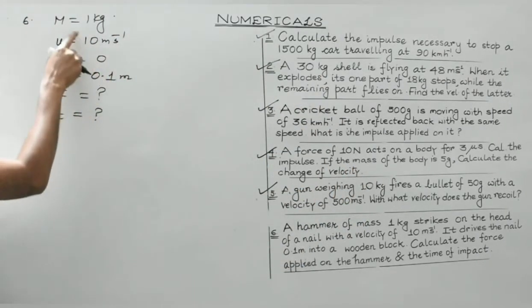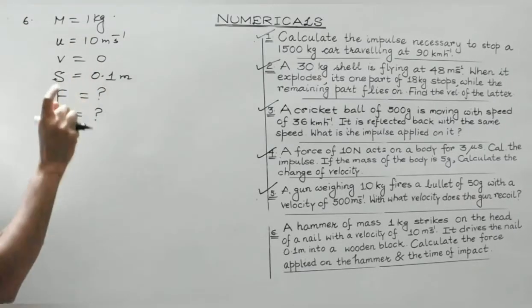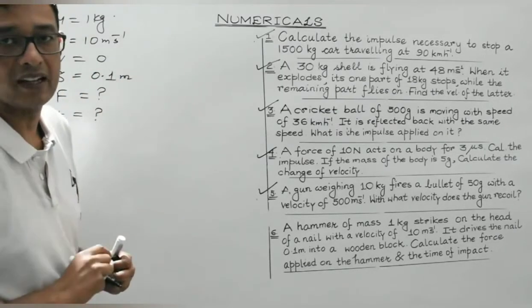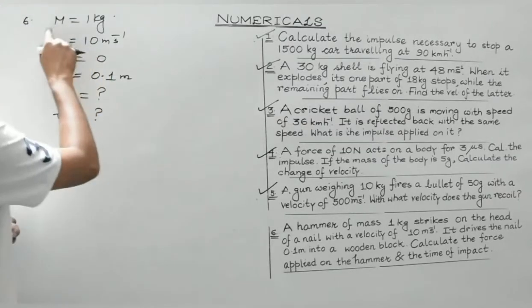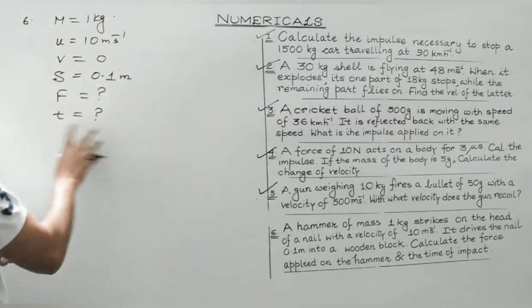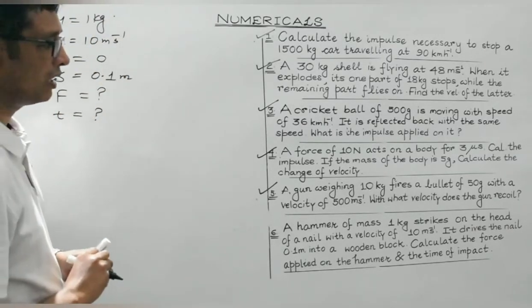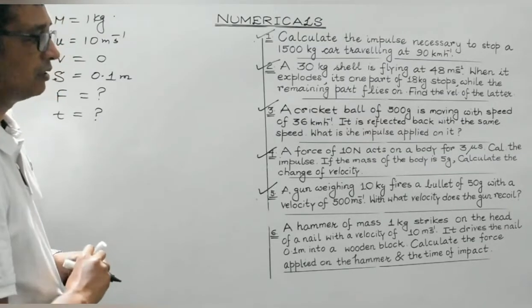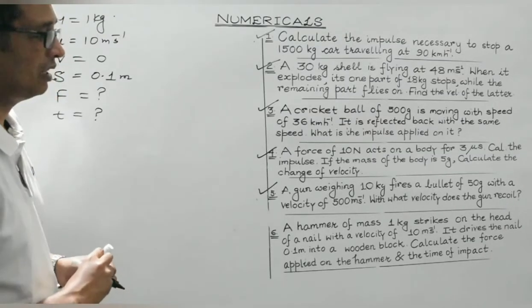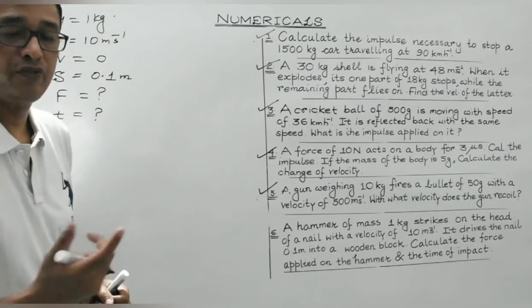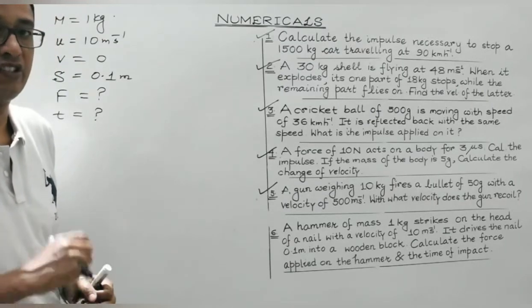And during this change in the velocity, it has covered a distance of 0.1 meter inside the wooden plank. Right? So mass of the hammer is given. So what we can do is, we can apply the equations of motion and then get the acceleration, and then force will be given by mass into acceleration, isn't it?